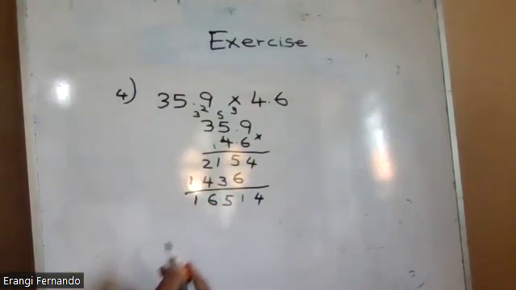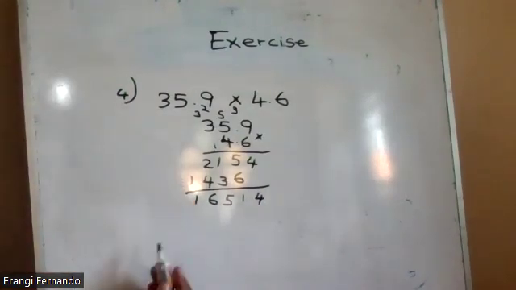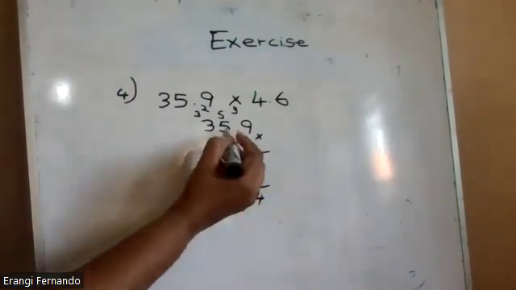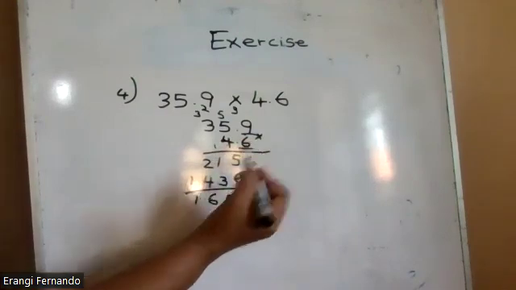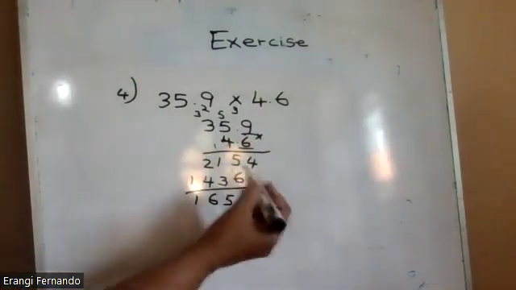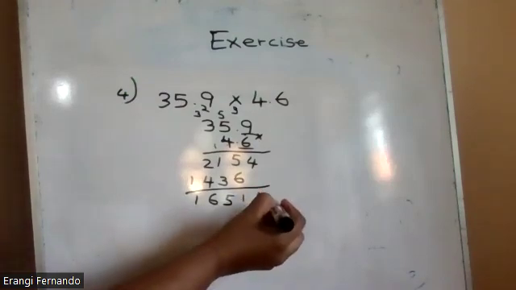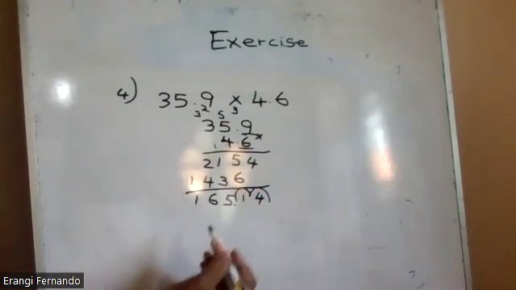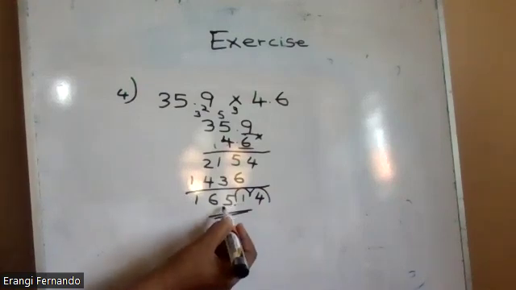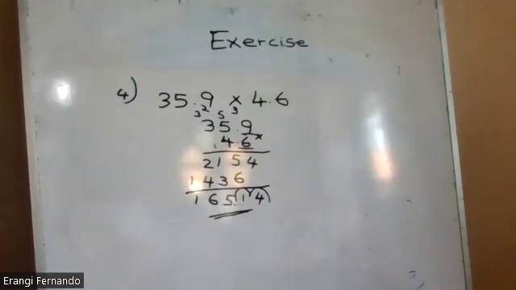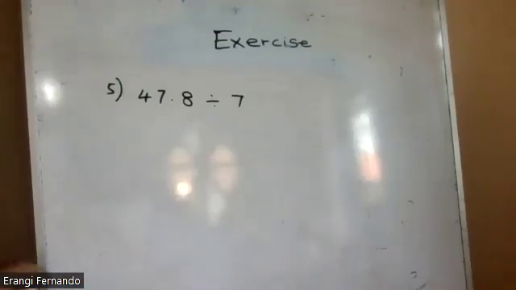And here 1. So let's count how many numbers there are after the decimal. After the decimal, there are 2 decimal places. So you have to move 2 decimal places to the left side. 1, 2. The answer is 165.14.